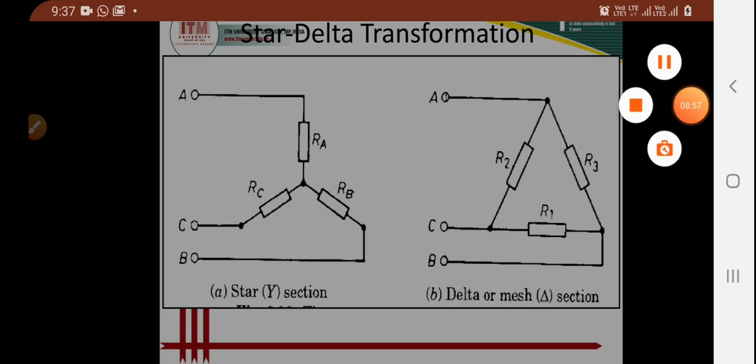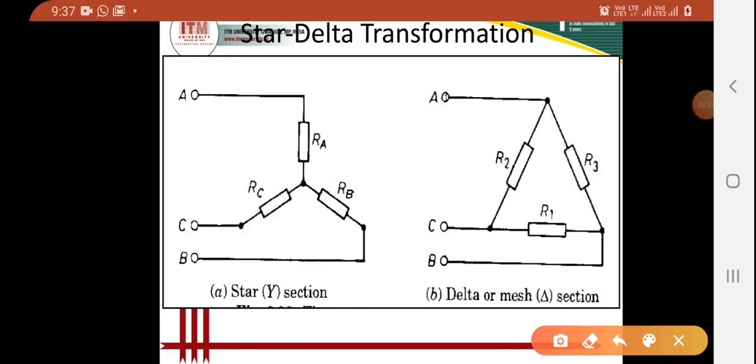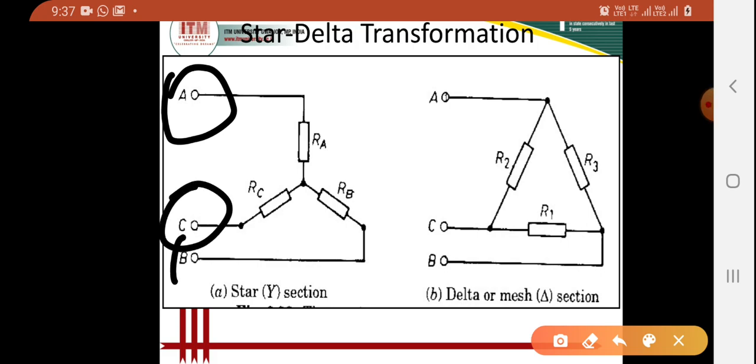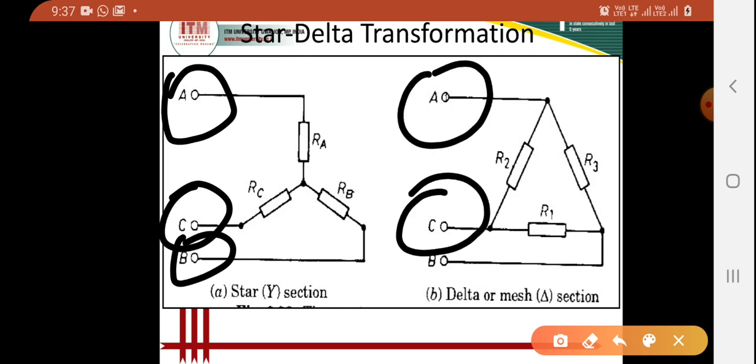Clear? So which are the terminals? This is our terminal A for star connection, and C and B. And when I am talking about our delta connection, this is terminal A, and these are terminals C and B.